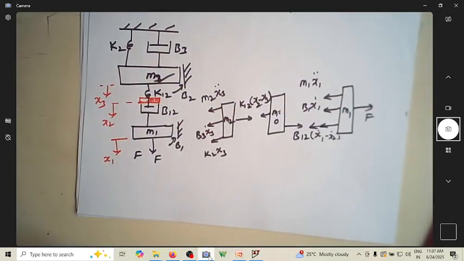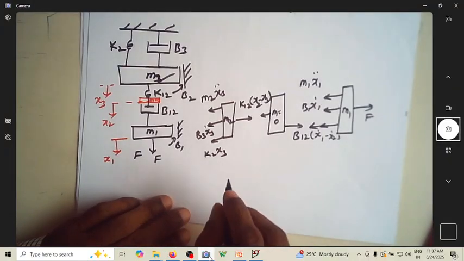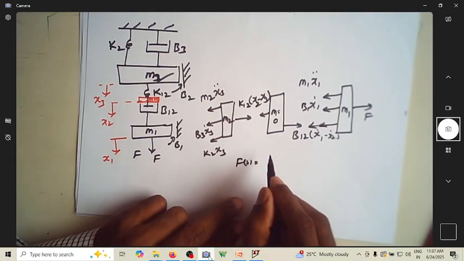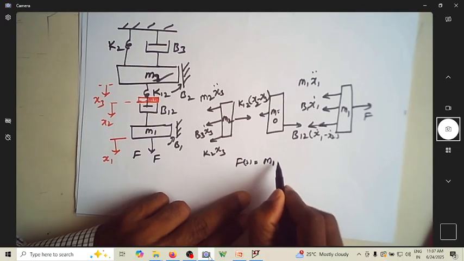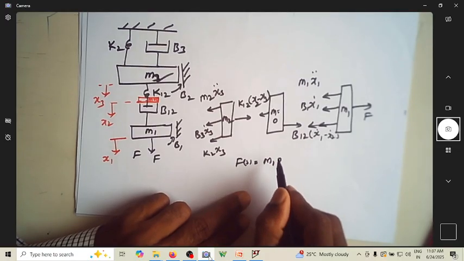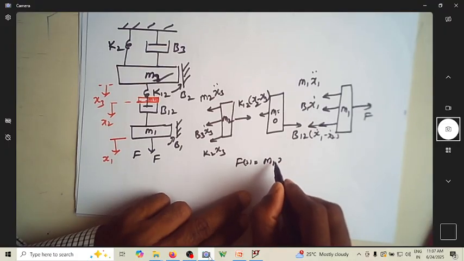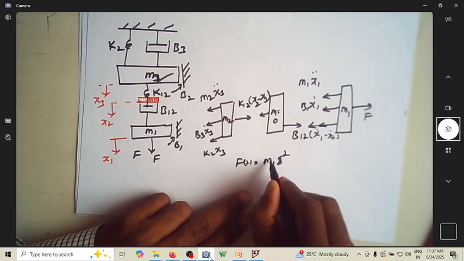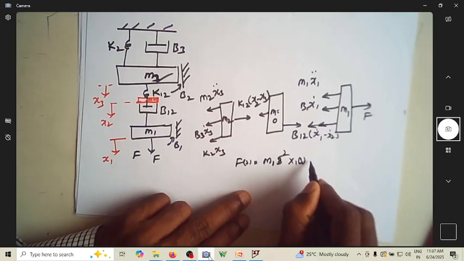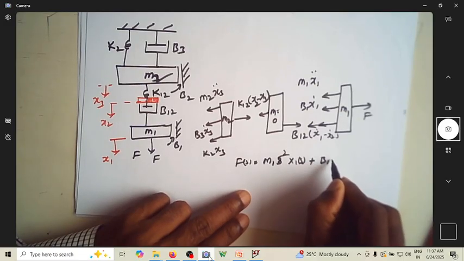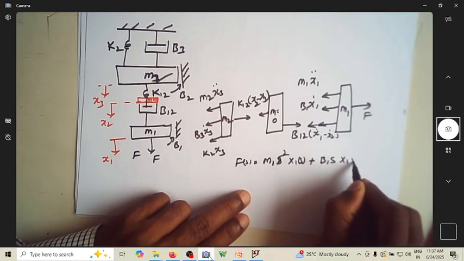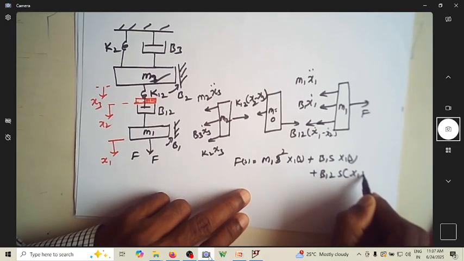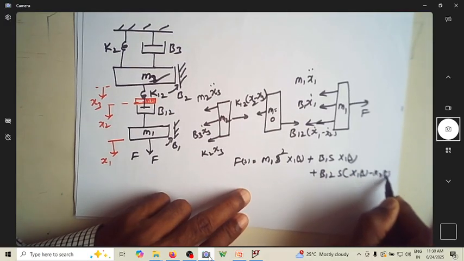Now let me write only the force equations. F of s is equal to M1 s square plus B1 s plus B12 s times x1 of s, minus B12 s x2 of s.